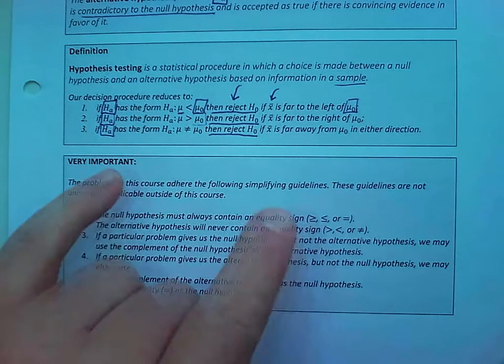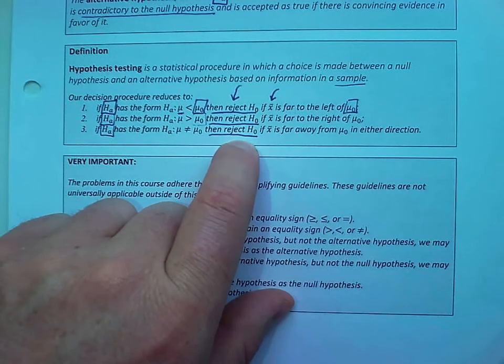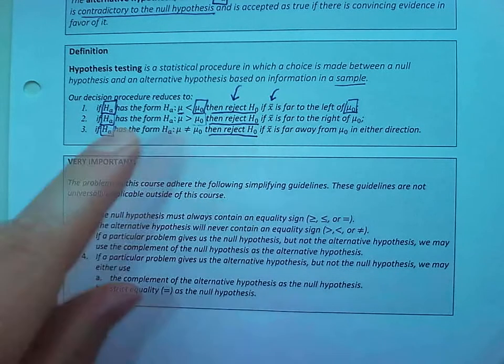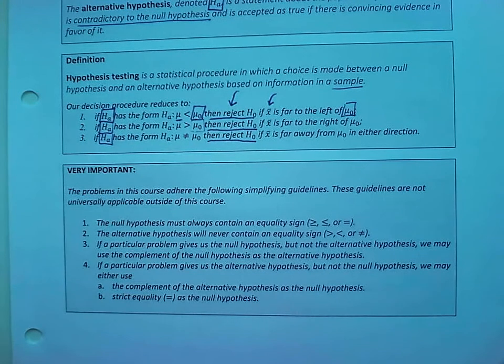Then we know that we're going to be testing the hypotheses, and we're going to either reject or not reject the null hypothesis, and we're going to use the alternative hypothesis to determine whether or not we reject or not reject our hypothesis. But here's the thing. How do we write these hypotheses?